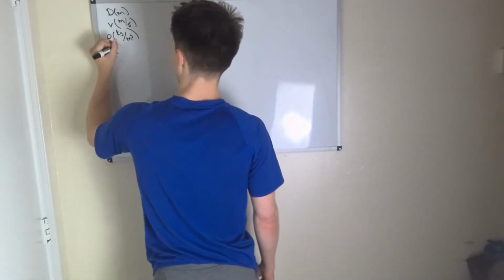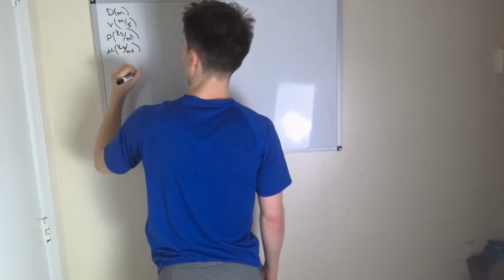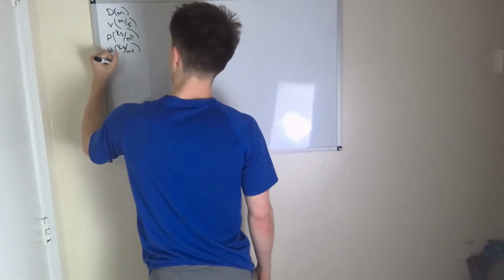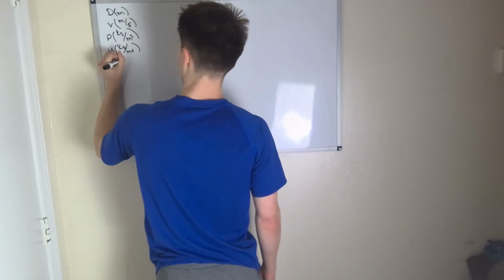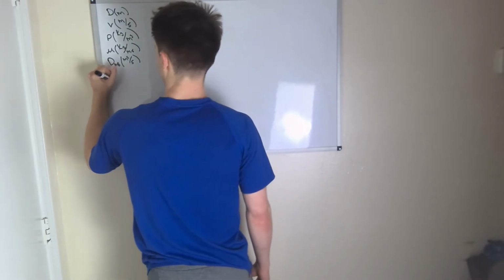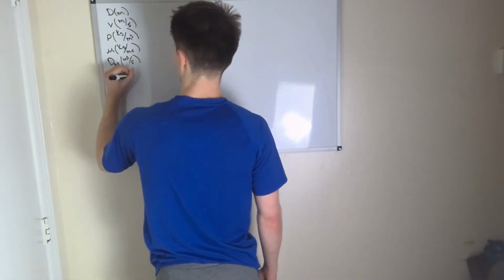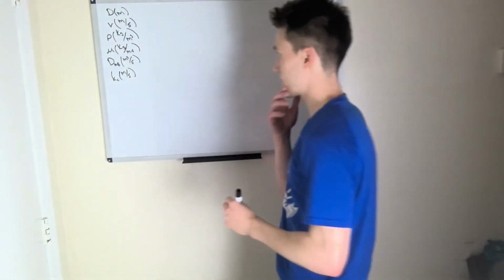The viscosity of the fluid, which is kilograms per meter seconds. The mass diffusivity, which is meters squared per second. And then the mass transfer coefficient, which is also in meters per second.